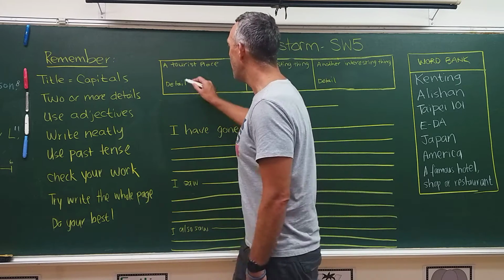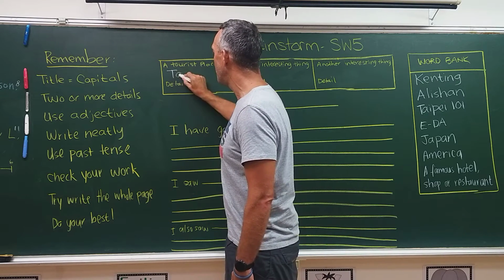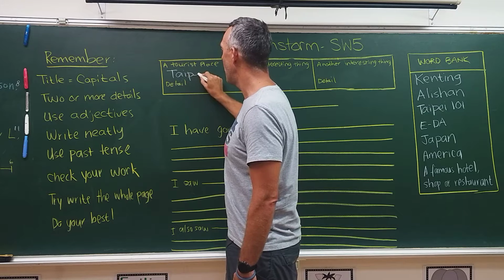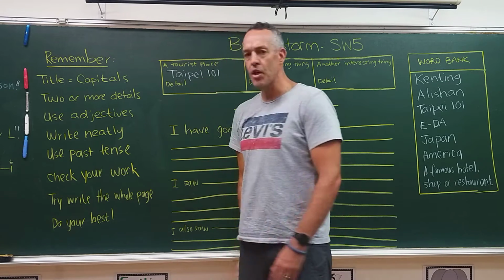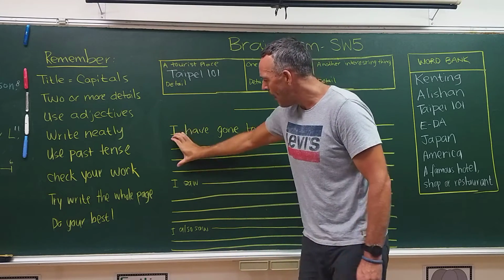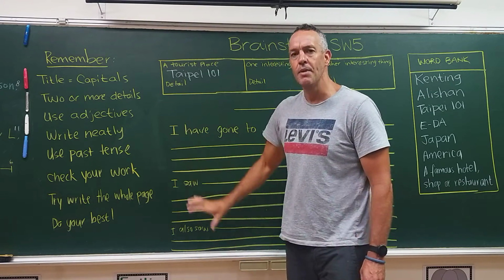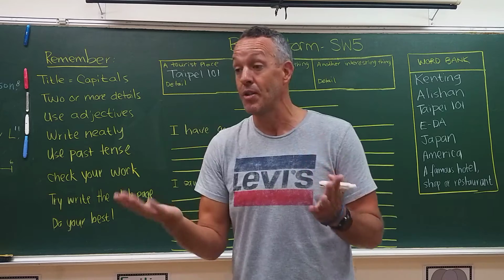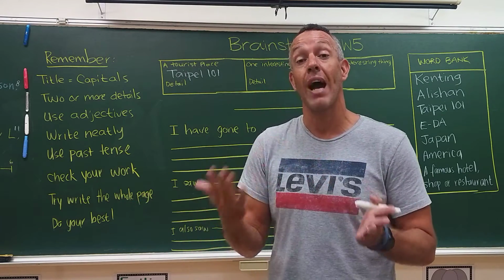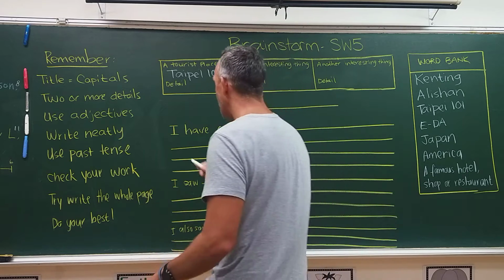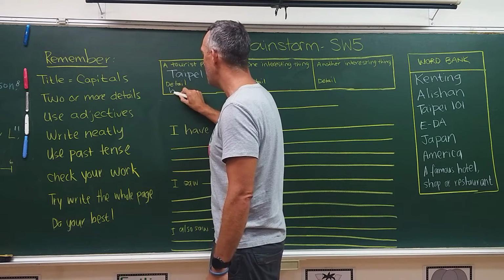Okay, so for me, I'm going to decide to write about Taipei 101. Now, after you've chosen the place, the first part of your story is going to be a little bit about telling the person who's reading it, what is it like? You can describe it a little bit. So, of course, it's a huge building.